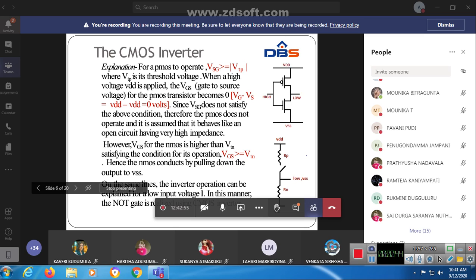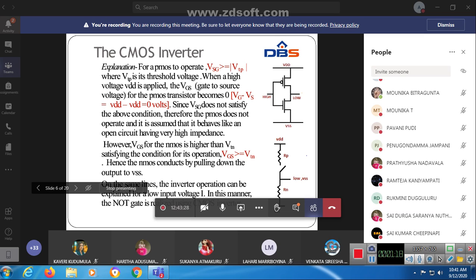We have already seen the NOT gate operation in your STLD subject. Whenever we apply an input to the NOT gate, it gives an inverting operation. For example, whenever we apply a high signal, one, to the input of the NOT gate, it gives a low signal at the output.